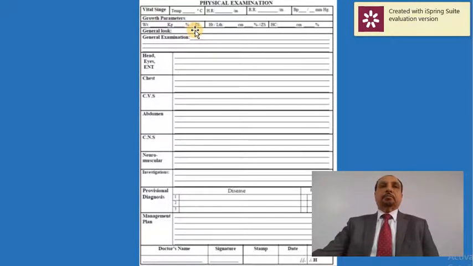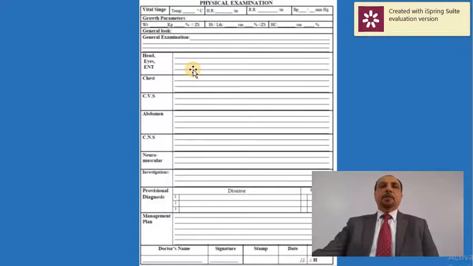Then general examination, all of you know how to examine the different systems, and you are trained for the examination, and all of these things we bring in the OSCE clinical stations. Head, eye, ENT examination, chest, cardiovascular, abdomen, CNS, and neuromuscular. All of these things should be like this.